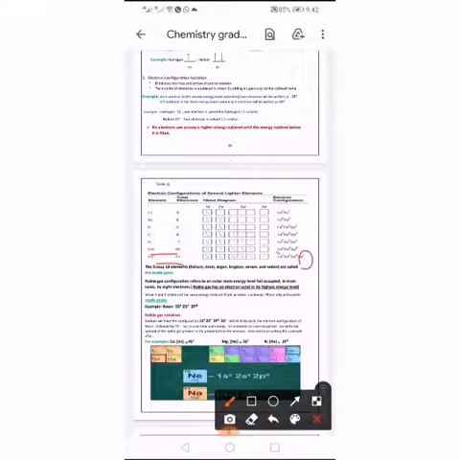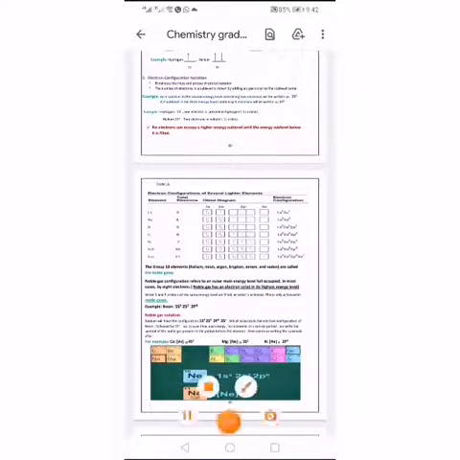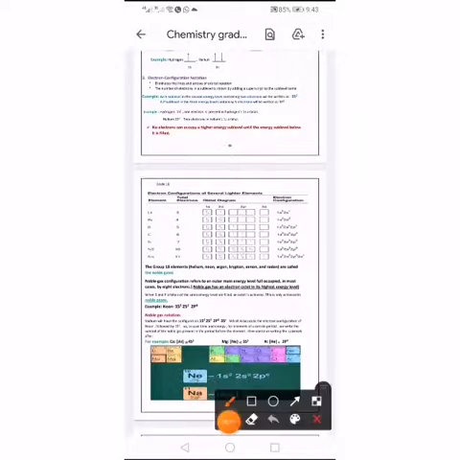So look here, the difference between the two configurations: sodium has one electron in the s sublevel, in the third energy level. Look, this is the difference. So we can remove all this and, instead of 1s2, 2s2, 2p6, write neon and then write 3s1.